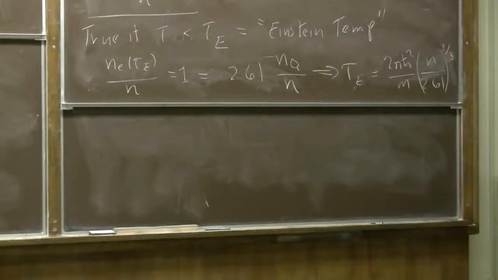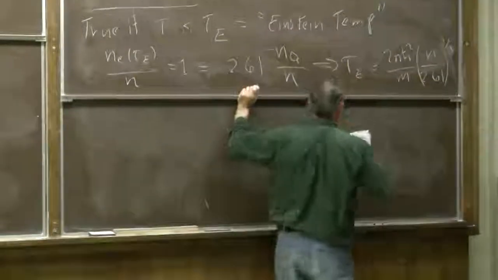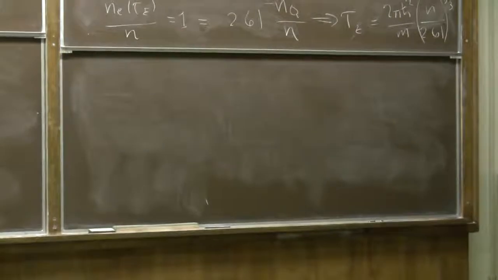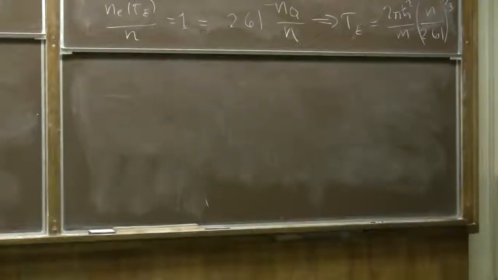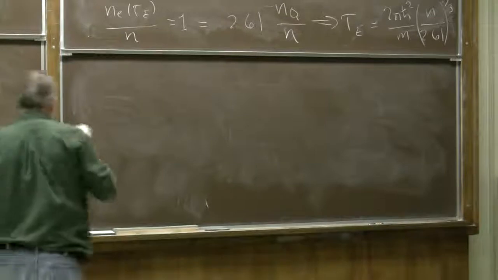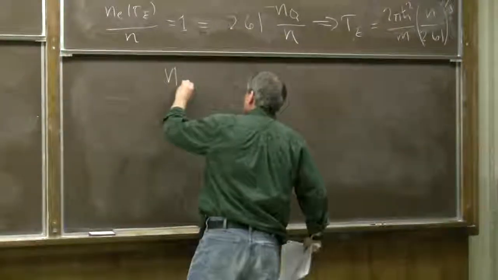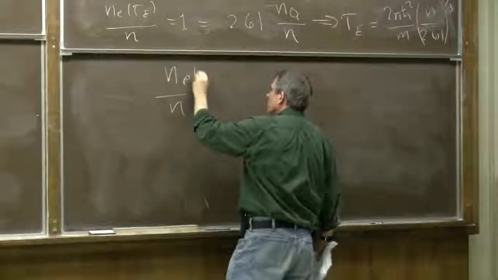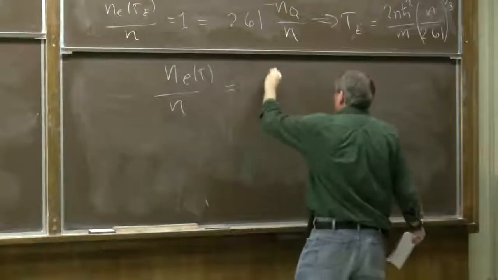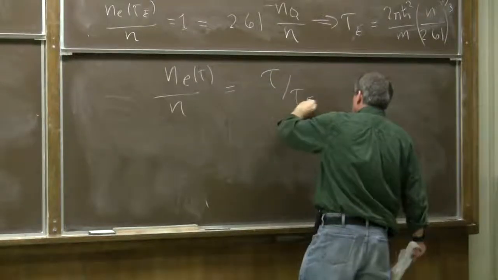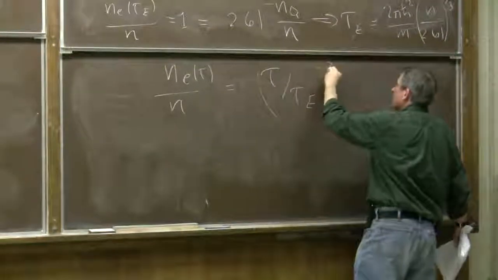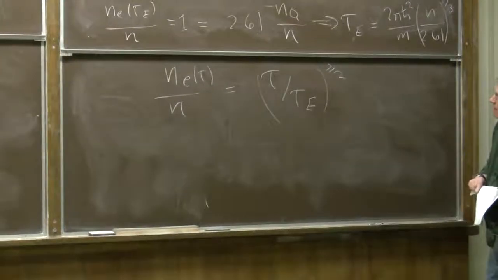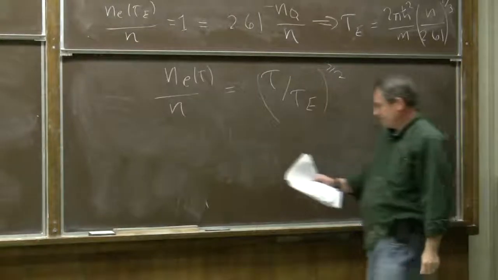When the temperature is less than the Einstein temperature, we've seen that the fraction in excited orbitals scales like temperature to the 3/2. So I can write the concentration due to particles in excited orbitals divided by the total concentration as tau over tau Einstein to the 3/2. So it goes to 1 when tau reaches tau Einstein. It scales like tau to the 3/2.